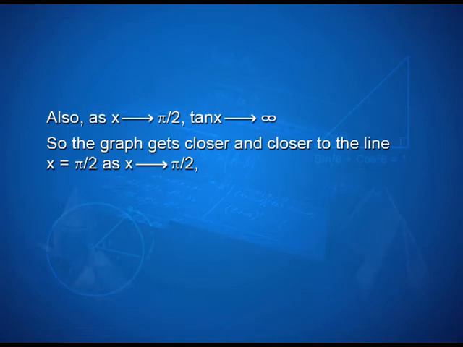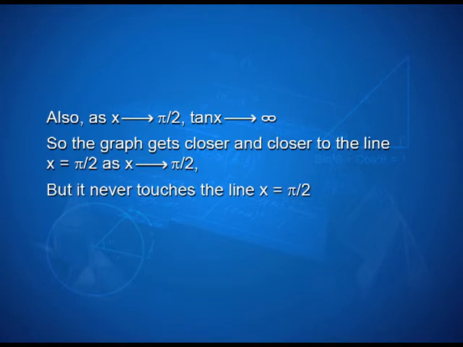Also, as x tends to pi by 2, tan x tends to infinity. So, the graph gets closer and closer to the line x is equal to pi by 2 as x tends to pi by 2, but remember it never touches the line x is equal to pi by 2.